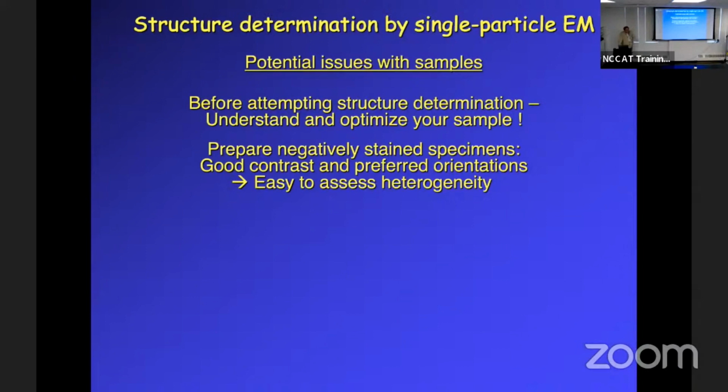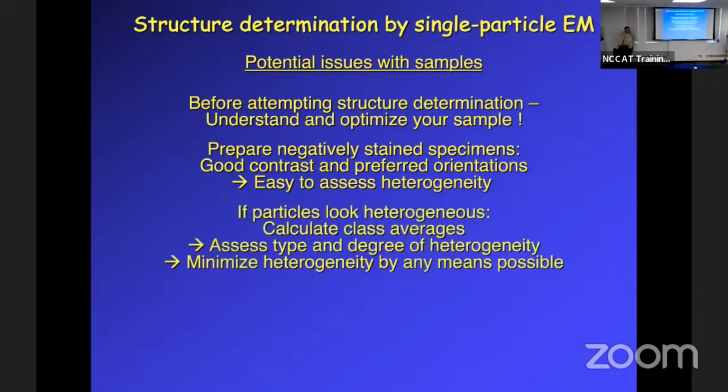And if you do see heterogeneity, we usually calculate two-dimensional averages just to get a better contrast, a better signal-to-noise ratio, and that allows us to assess what kind of heterogeneity we have. Do we have compositional, conformational, what kind we have? And then, as Rich said, we do whatever we can to try biochemical solutions to our problem.